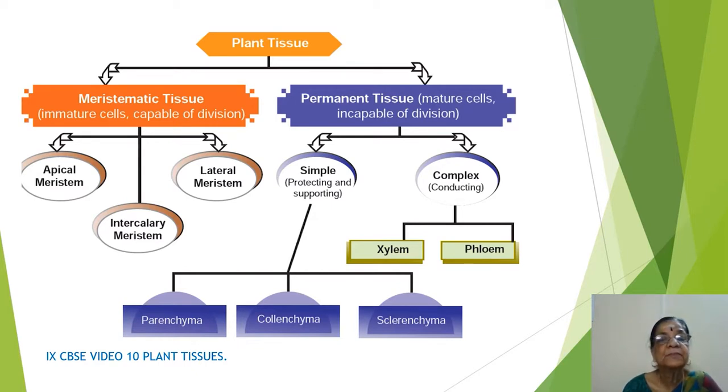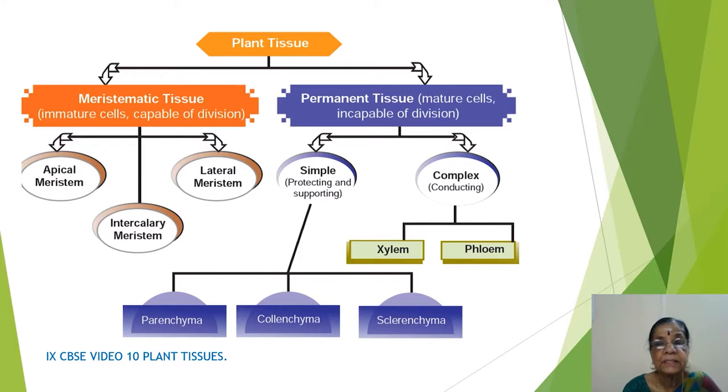And this meristematic tissue is classified into apical meristem, intercalary meristem, and lateral meristem. And permanent tissues are simple permanent and complex permanent. Simple permanent tissues are meant for protecting and supporting, whereas complex ones are meant for conducting water, minerals and food material.